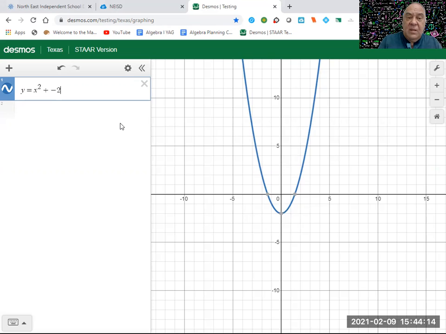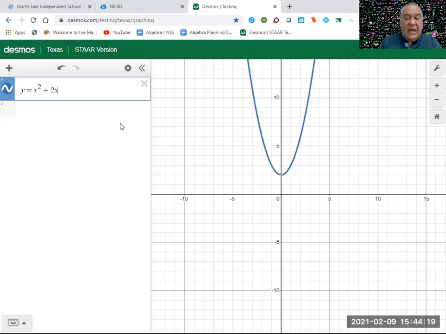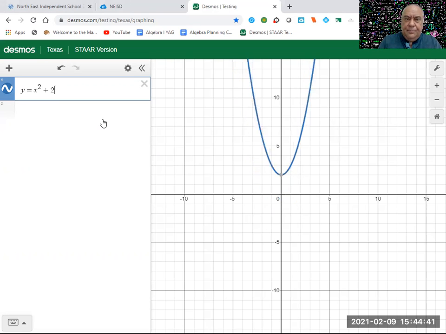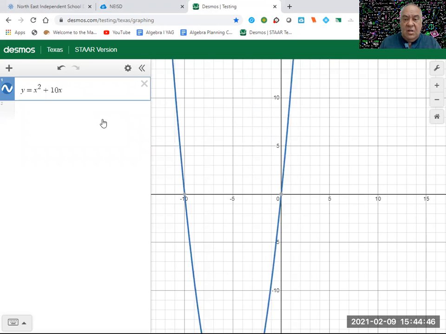Okay. Now let's look at, what if I put 2x? Now notice I didn't put anything for c, so it's assuming it's 0, and you can see the y-intercept is 0. But notice how the whole parabola is moved to the left of the y-axis. The axis of symmetry is negative 1. What if I put plus 10x?